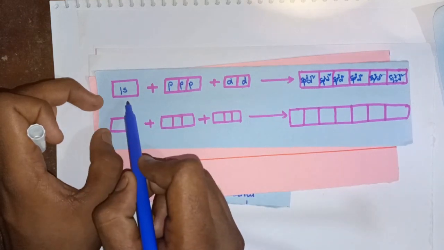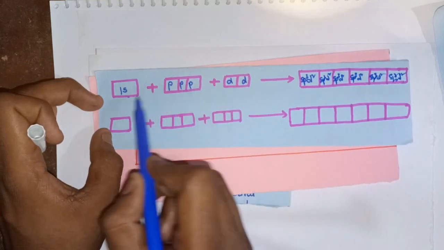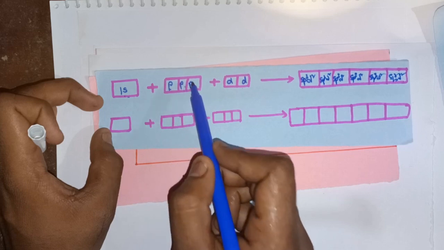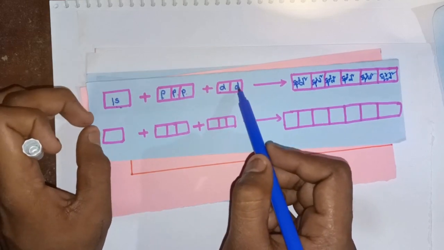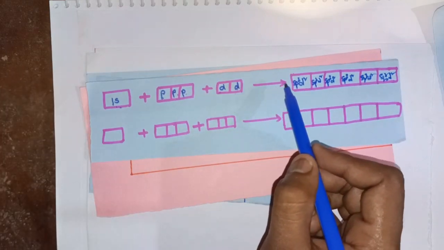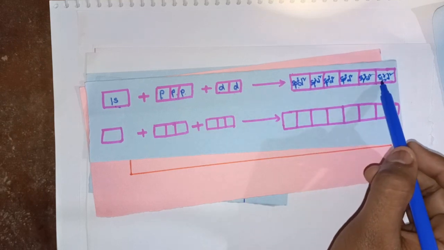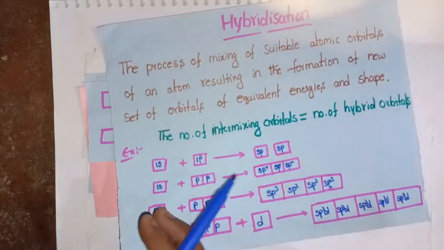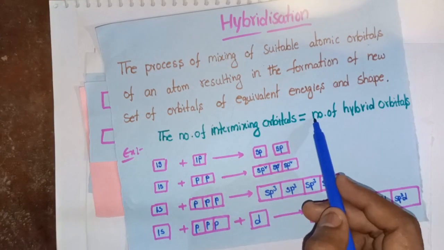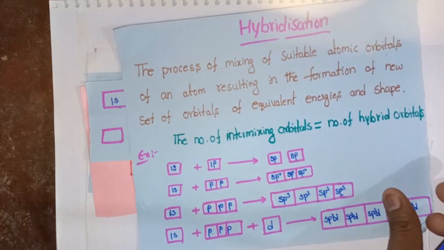Here, how many are the number of intermixing orbitals? 1, 2, 3, 4, 5, 6. Then how many hybrid orbitals are formed? 1, 2, 3, 4, 5, 6. So the number of intermixing orbitals is equal to the number of hybrid orbitals.